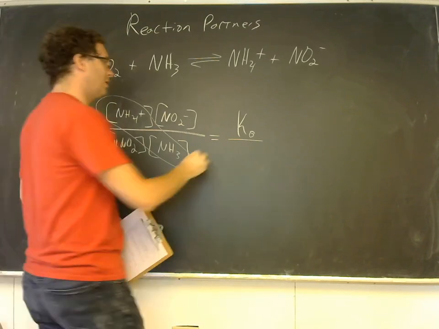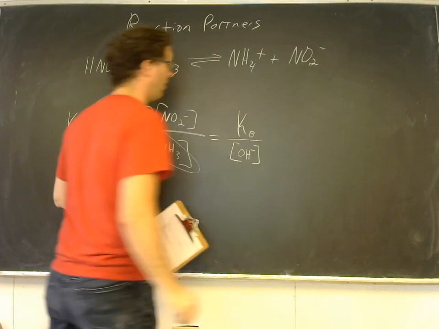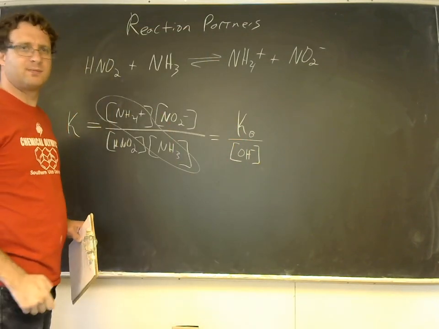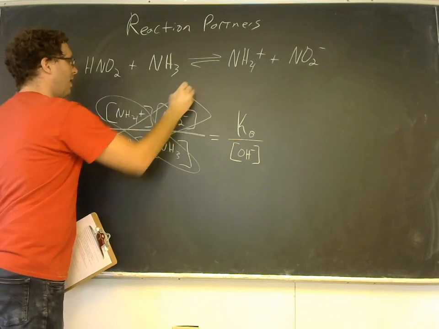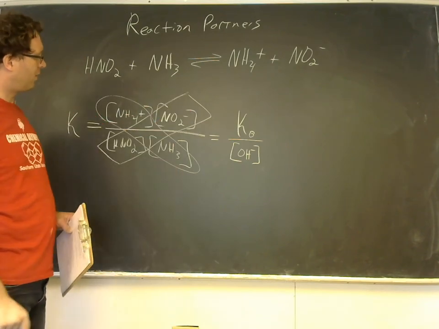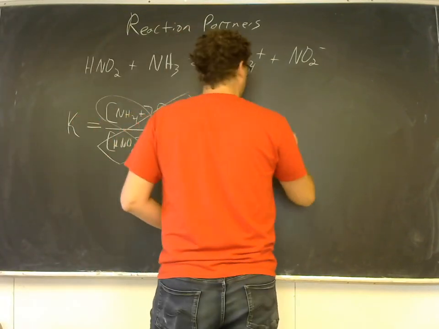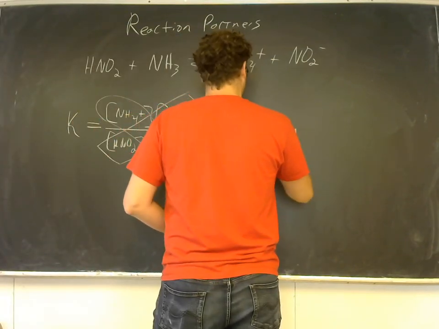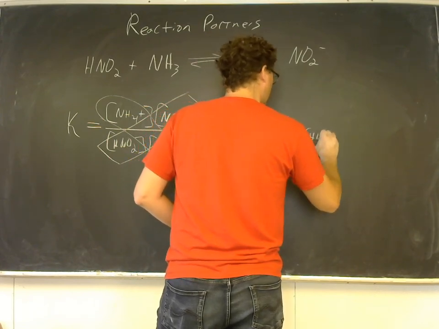So what it really is is the Kb divided by the OH minus concentration. Is that fair? And then here we have nitrite ion over nitrous acid. Well, that looks an awful lot like the Ka. I'll put this is the Kb for NH3 and the Ka for HNO2.